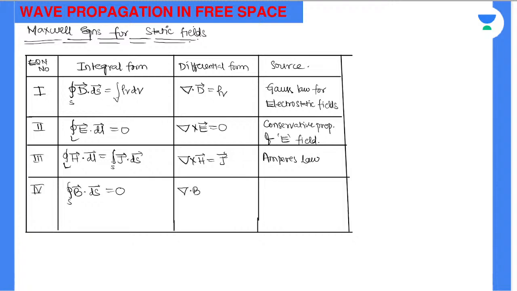Differential form: del dot B is 0. Source: non-existence of magnetic monopole.